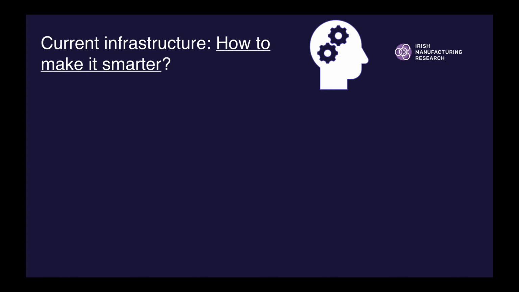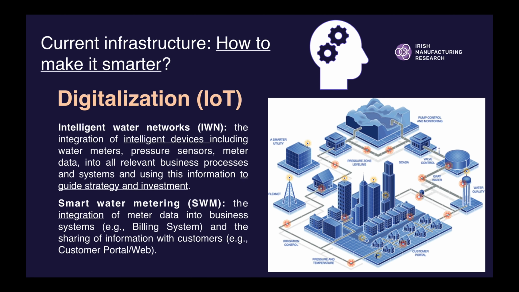So this company has its current infrastructure, like all companies do. How can we make it smarter? My answer would be digitalization, so IoT. It comes in terms of IWN, intelligent water networks, which are intelligent devices to guide strategy in terms of metering water and sensing pressures and other types of data.